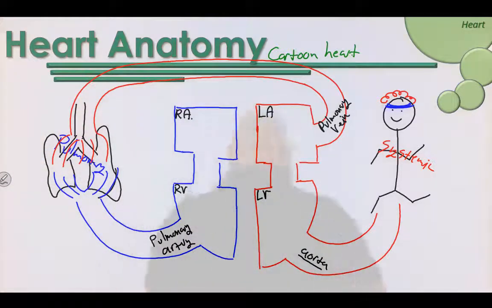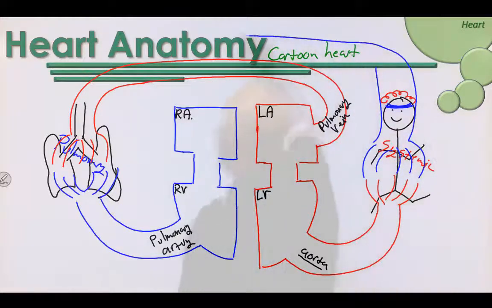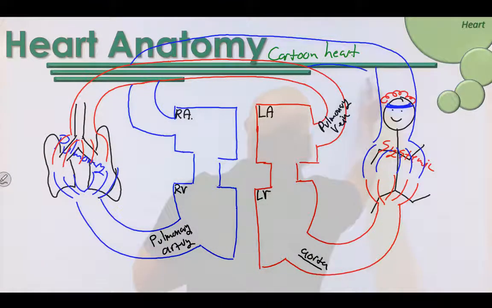On the systemic circuit, the left ventricle has delivered oxygen-rich blood where all the tissues of the body that are exercising and doing all kinds of great fun things are going to take the oxygen out of that blood, dump in carbon dioxide, and return oxygen-poor blood back to the right atrium.